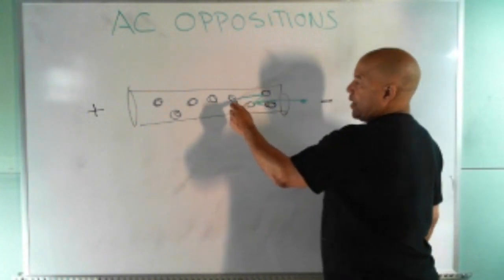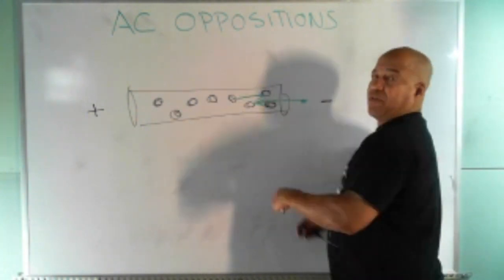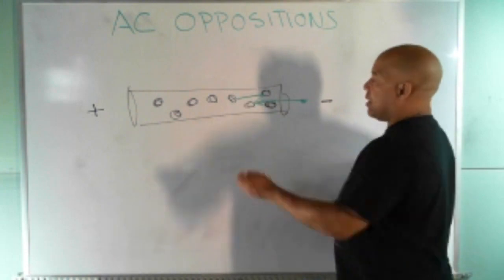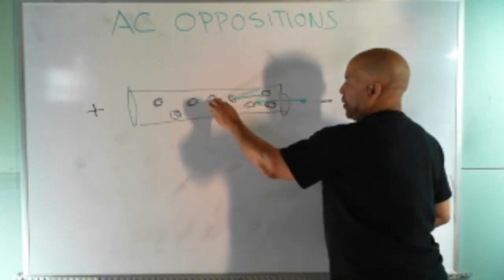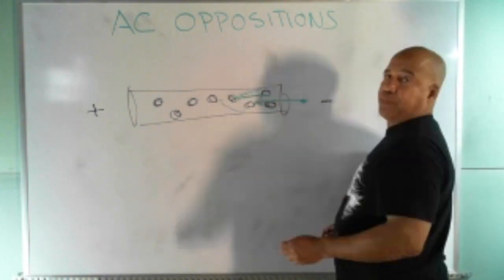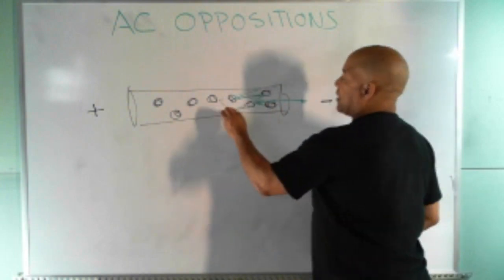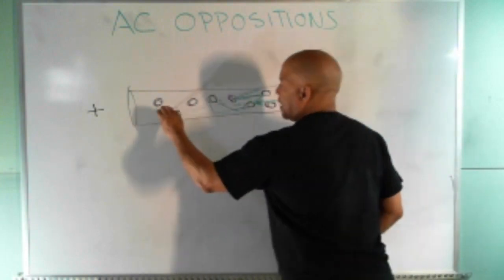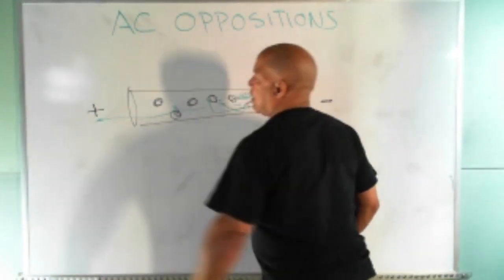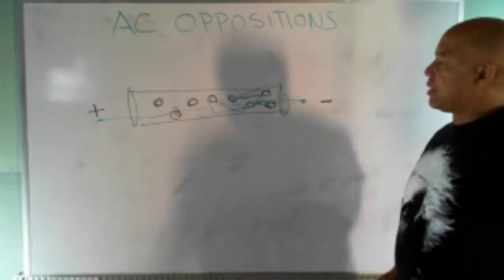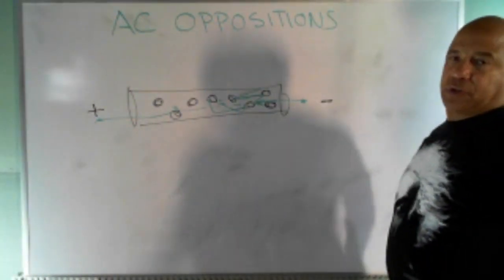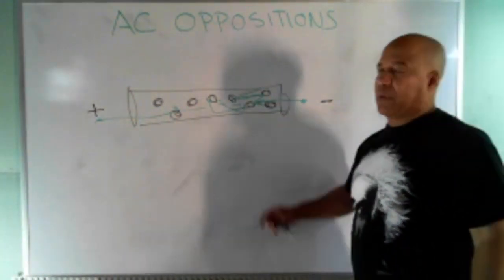And every time they collide with one of those atoms, they give up a little energy in the form of heat. So they bounce around like a billiard ball. So I call this the billiard ball effect back in DC. But eventually, the voltage will pull this or force it through to the other side. But it has to undergo those collisions, and that's what we mean by resistance.